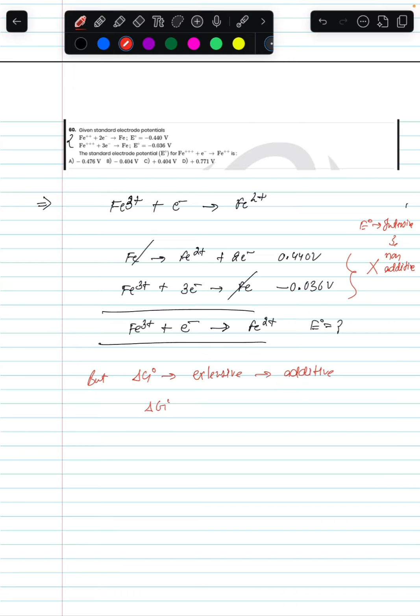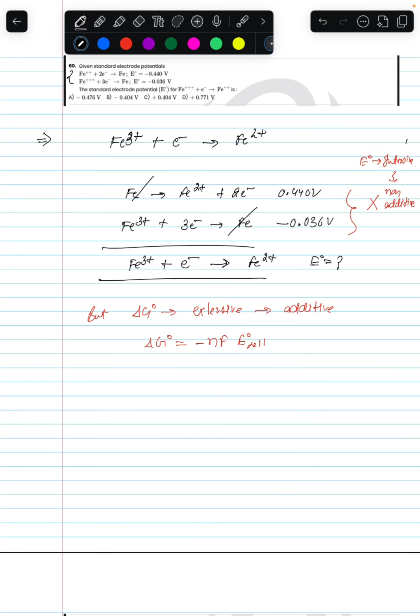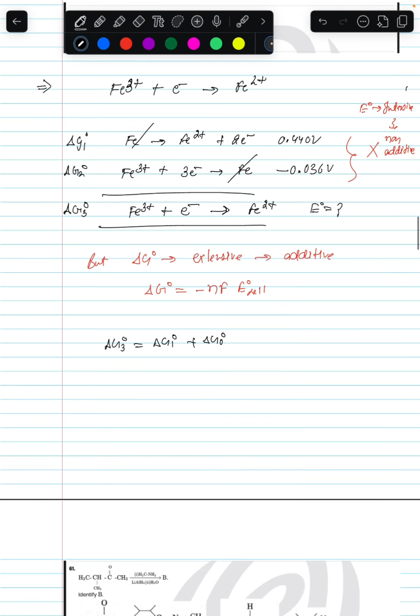And we know delta G naught equals minus nFE naught cell. So for the first reaction it is delta G1 naught, second reaction delta G2 naught, third reaction delta G3 naught. So delta G3 naught equals delta G1 naught plus delta G2 naught.